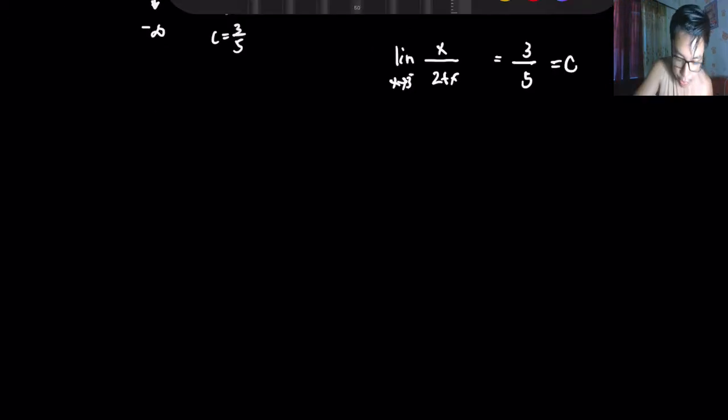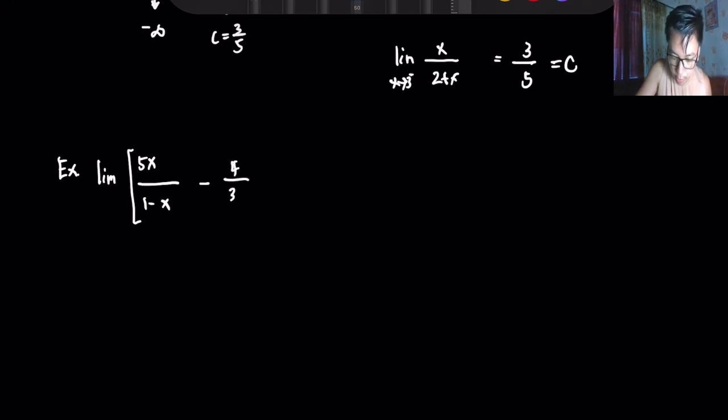That's it. Okay, so let's consider an example here. Let's say we're interested to find the limit of 5x over 1 minus x minus 4 over 3x as x approaches 1. Okay, so let's double check.